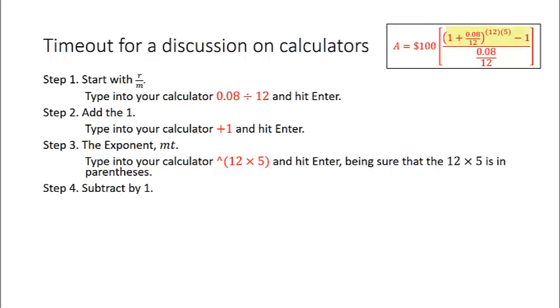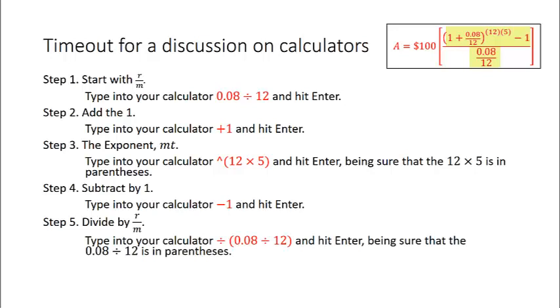Step 4, subtract by 1. So type into your calculator minus 1 and hit enter. Step 5, divide by R over M. So you would type into your calculator divided by parentheses 0.08 divided by 12 parentheses and hit enter.